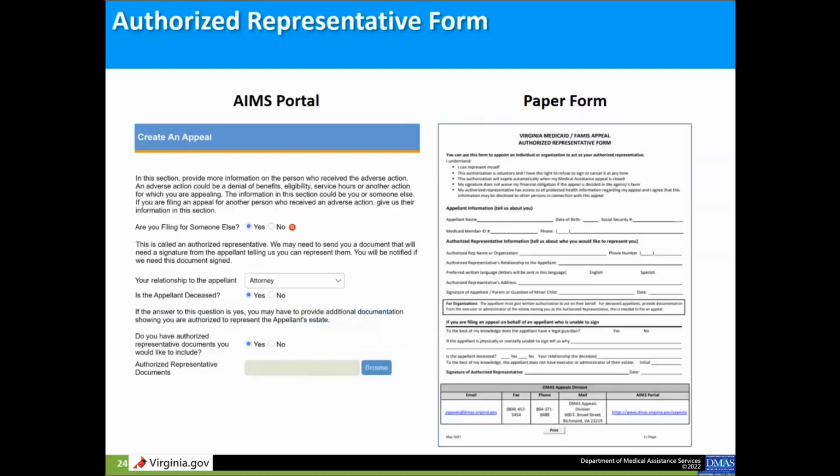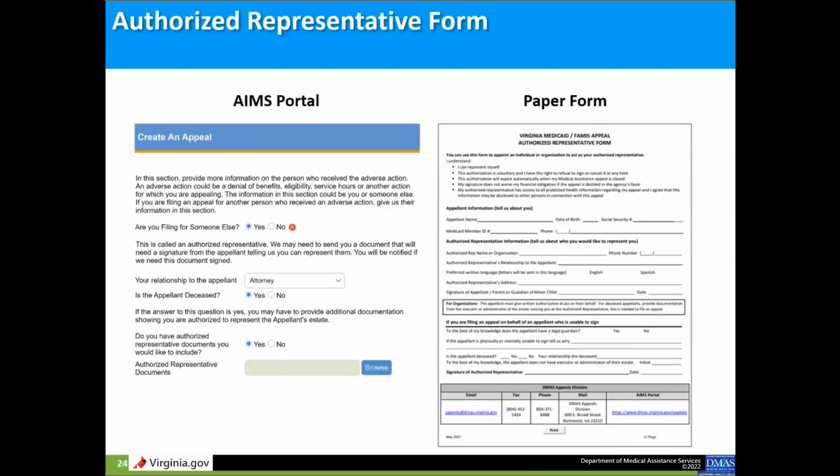When an appeal is filed, the Appeals Division may require additional forms depending on the circumstances, which are necessary for the division to validate an appeal. The most common of these is when the appellant wants to appoint an authorized representative. Obviously, a representative must demonstrate proof of their authority to act on a client's behalf in order for the Appeals Division to accept the appeal as valid.